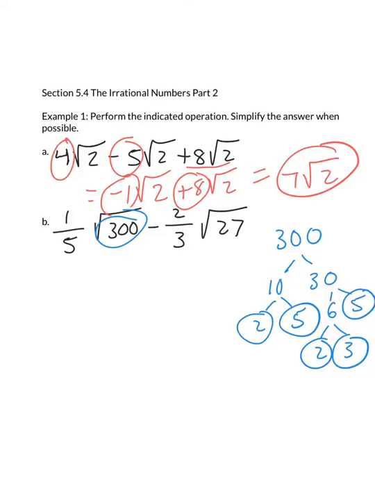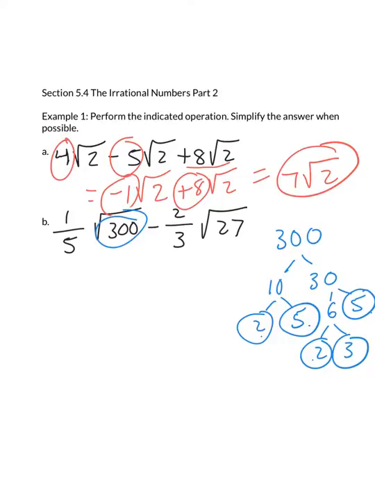I'm seeing a matching pair of 2's and a matching pair of 5's. So the square root of 300 is going to simplify down further, meaning I'm going to be able to apply the square root to at least some of the number. If I type in the square root of 300, it's just some yucky decimal number, but I can at least apply the square root to some of the number.